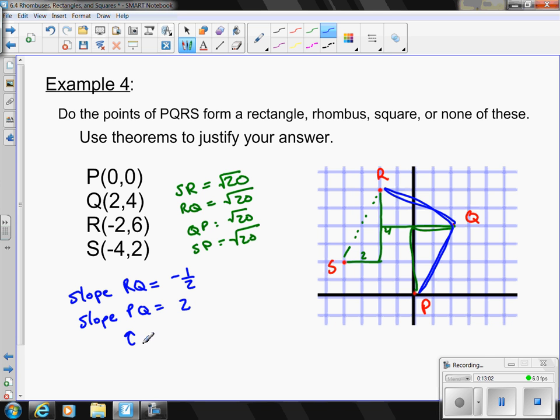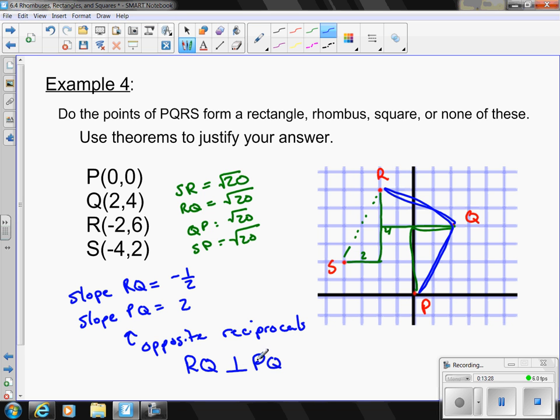Since these are opposite reciprocals, we know that RQ is perpendicular to PQ. Those are perpendicular lines when they have opposite reciprocals. When the slopes are the same, they are parallel.